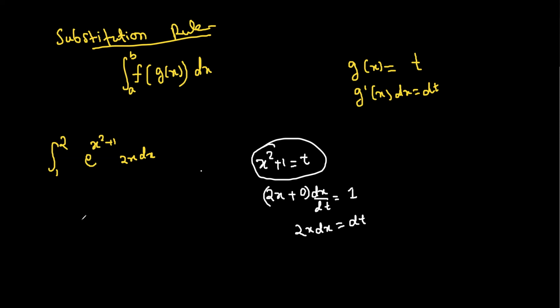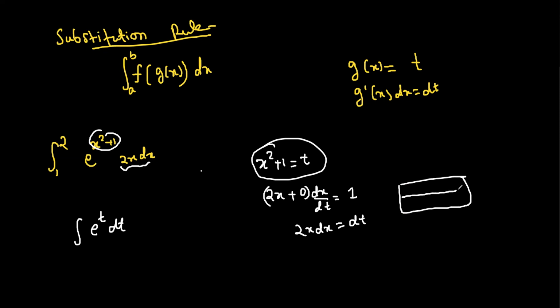It means that when you replace this with t, this will be replaced by dt, right? You did the derivation on the two sides. Now you have to change the limit also. Initially, the limit of x was 1 and 2, right?